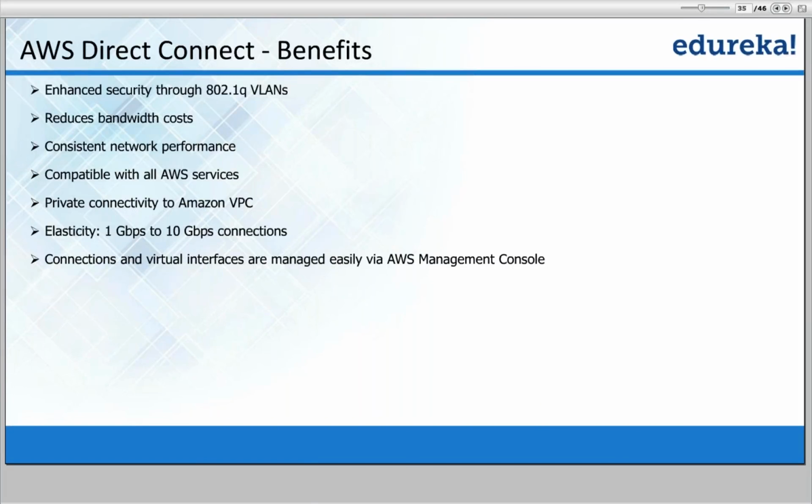But also, Direct Connect will give you consistent network performance. The reason is, if you were to use your own internet connection, which has other uses as well, the same connection is being used by your employees for regular email and other applications. So there will be contention. Your data transfer for your infrastructure needs will contend with regular end user network traffic, so you may not get consistent network performance because of that.